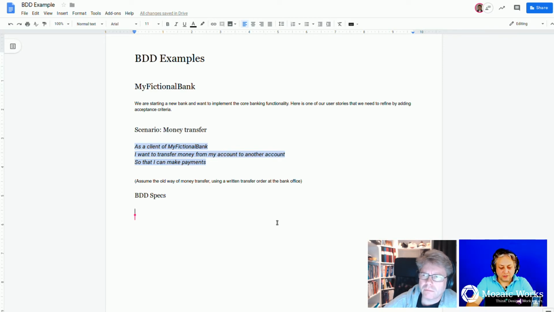Okay, one example would be that I want to pay my Vodafone bill so that they don't shut down my mobile phone subscription. Okay, makes sense. So you want to pay your phone bill so they don't turn off your service.